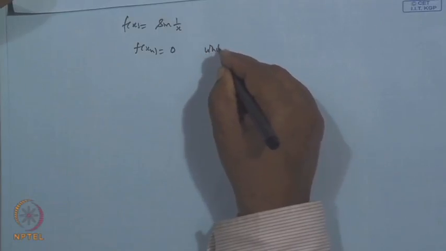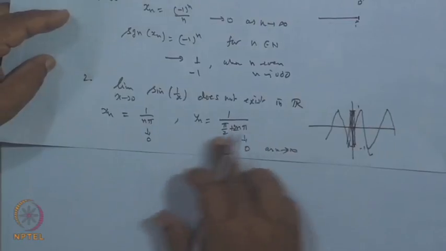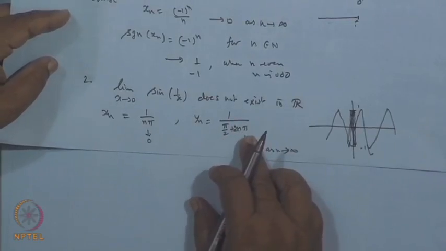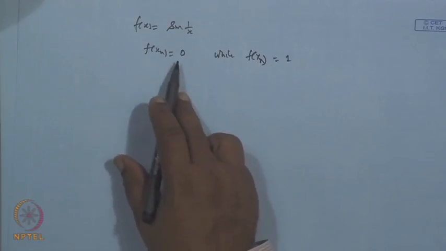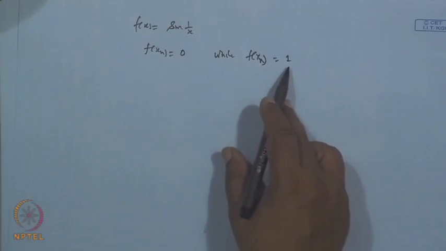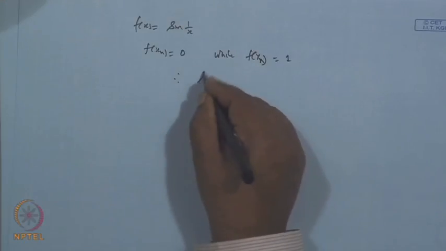While f of y n is sine of 2 n pi plus pi by 2, that is always sine pi by 2, so this will be 1. So along one sequence the limit is 0, along another sequence the limit is 1, so it does not exist. Therefore, the limit of this does not exist.